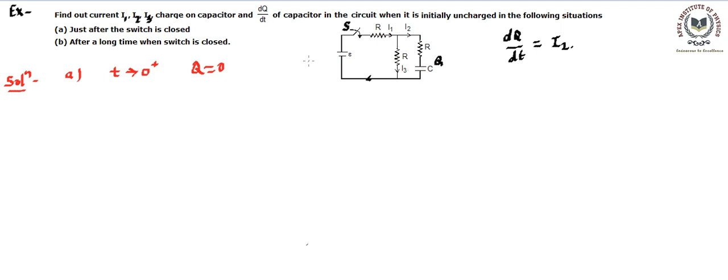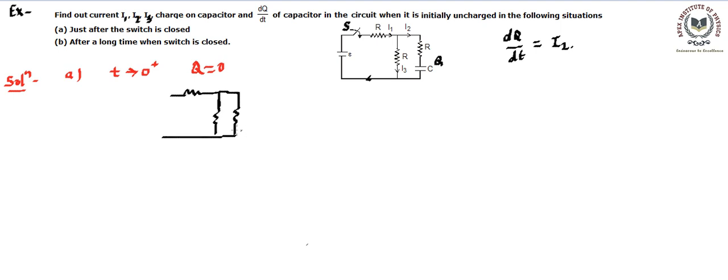So the circuit for this time will be appearing like this. So let me draw the circuit for this particular situation. There is going to be a resistance R, and then there is going to be resistance on this branch, and resistance on this branch, and the capacitor which was here will be just like a wire, so we can replace it by a wire.